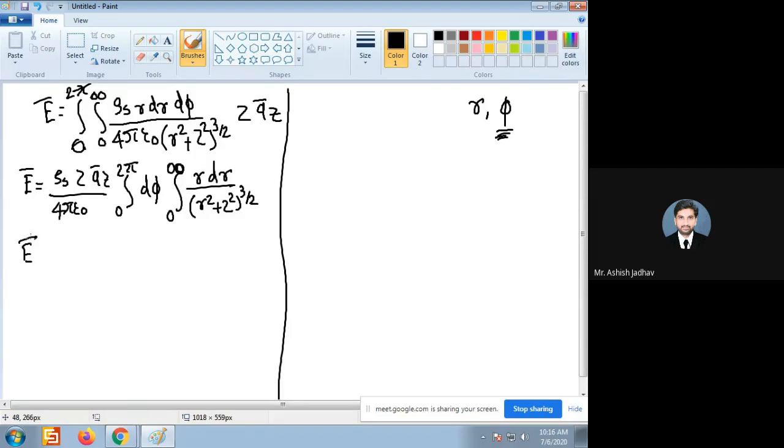So E bar is equal to, so if you solve this, what is the value of this integration? This integration would result in 2 pi, right?